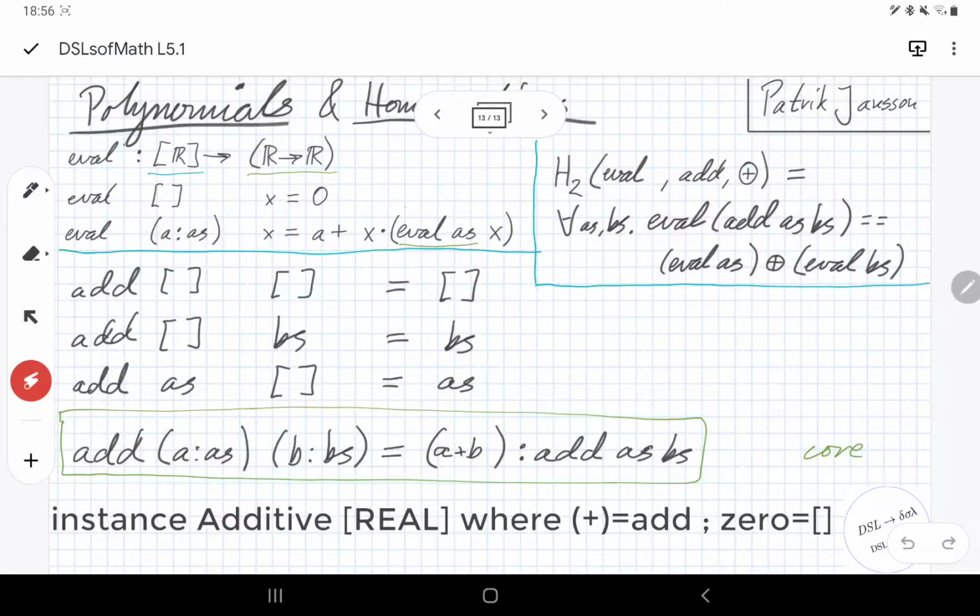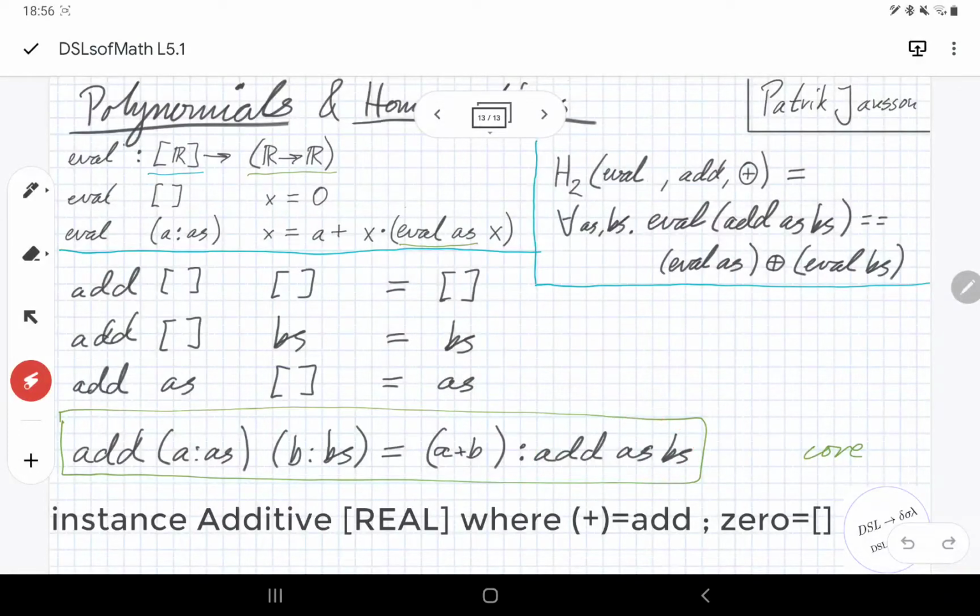Okay, now looking at what we've achieved, we have proved that eval is a homomorphism from add to function addition, if this definition of add is used. And the actual definition, you can see, it goes lockstep through the two lists, sums them up component-wise, and then continues.